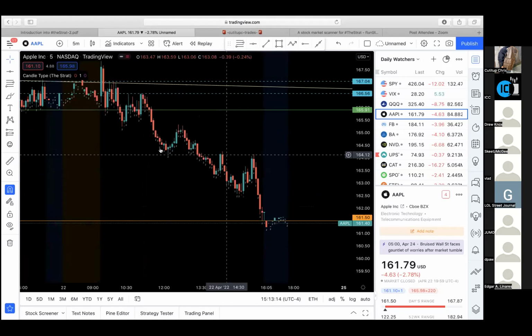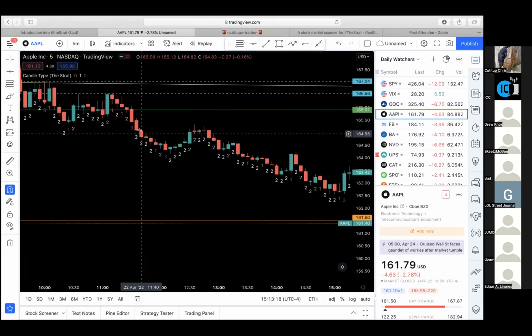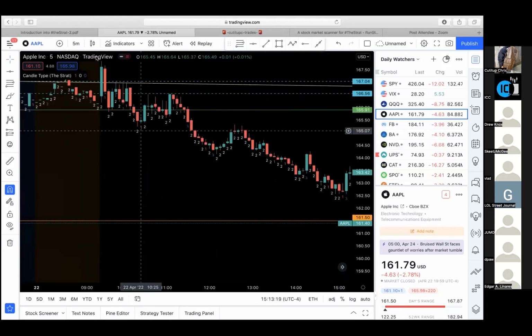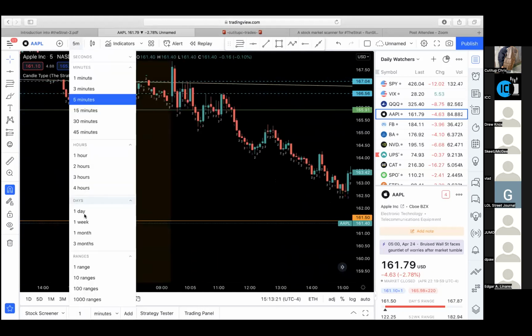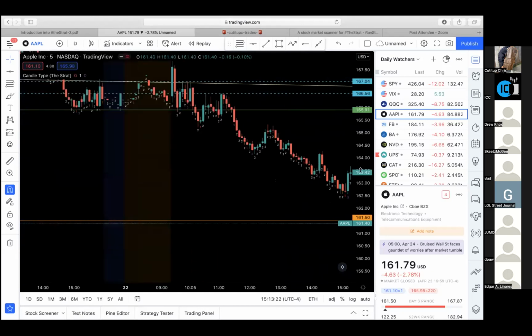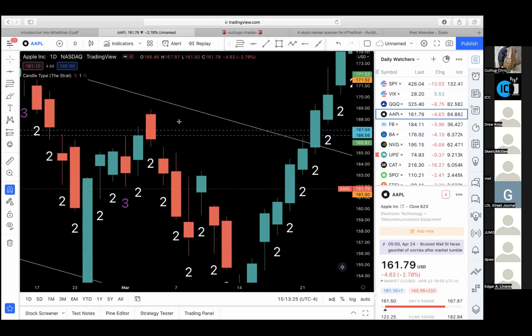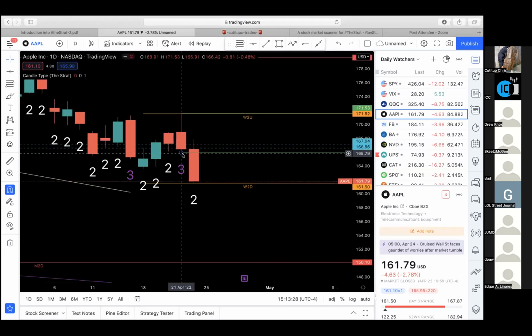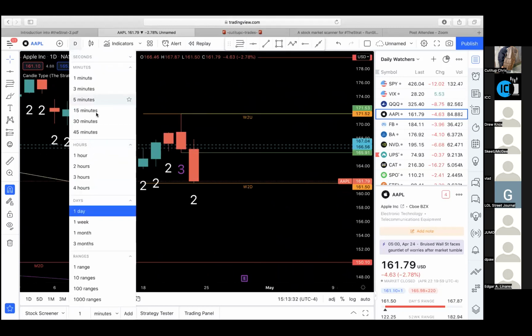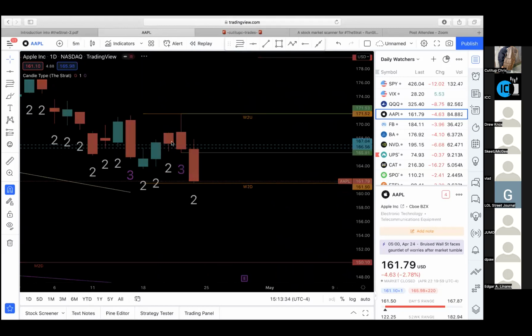So like right here, we have straight 2 downs. I'm pretty sure. Let me do this real quick. Where's the trigger at? Our trigger right here is this green line on the day. So let's go to the 5 minute.